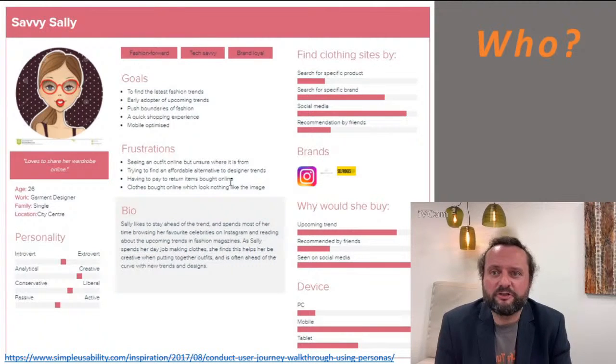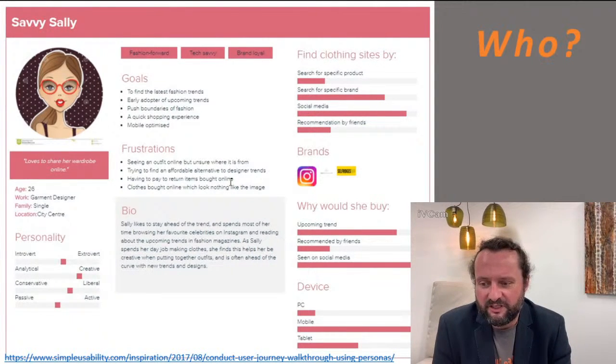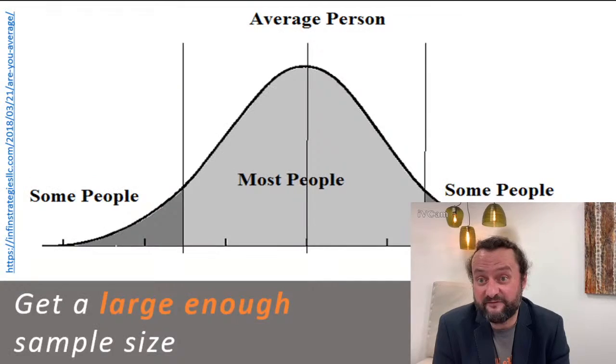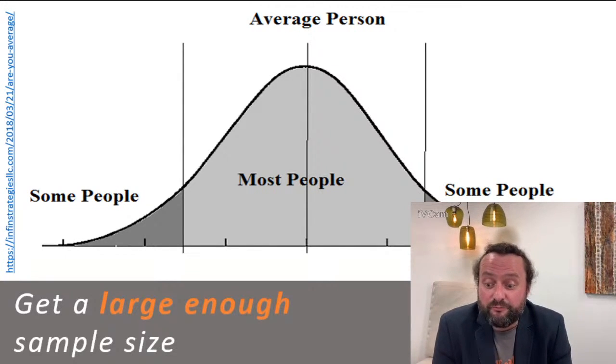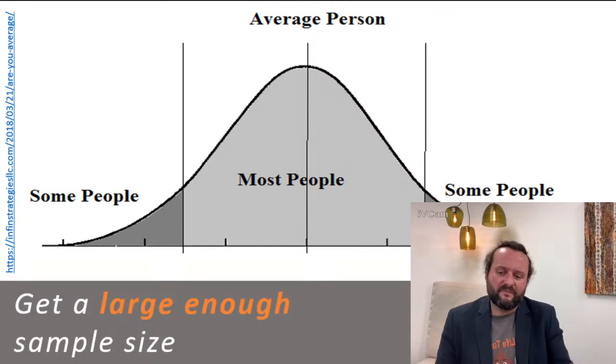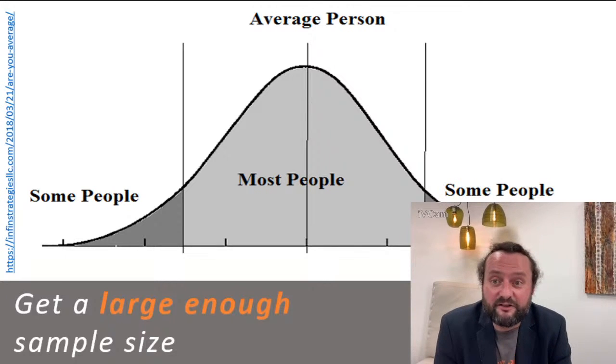And obviously we want to test with those personas, those ideal customers that we have described in the earlier stage of the design thinking process. And we want to test it with those customers that are covering the 80% of the market that we're targeting.